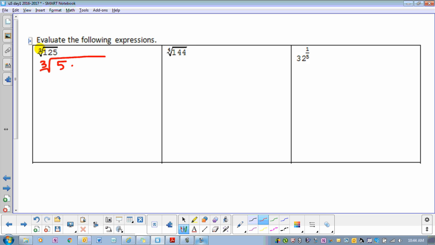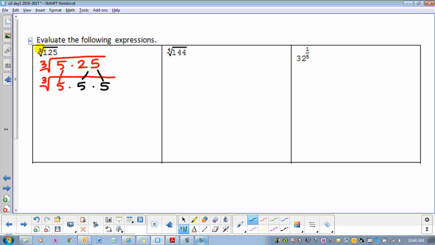It's 5 times 25. Remember, we're trying to break it down into prime numbers. So, cube root of, okay, let's see, this 5 can come down. And then this 25 is 5 times 5. I'm done breaking it down into prime numbers.